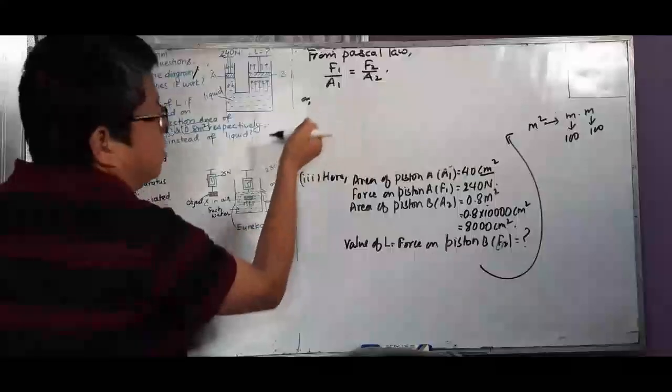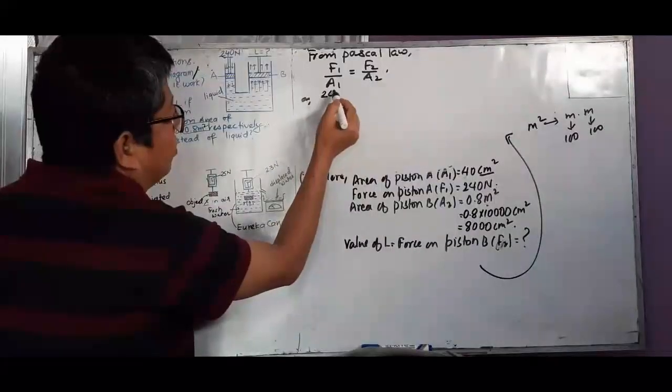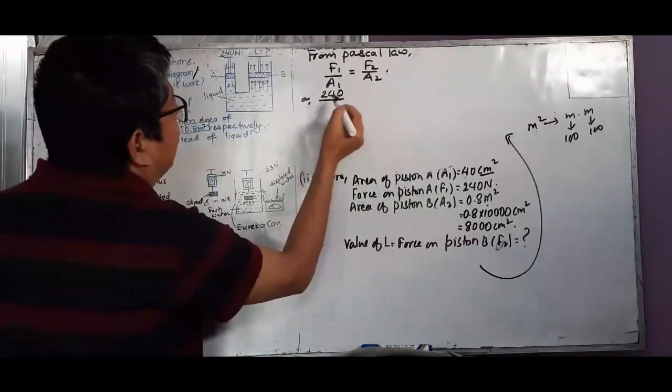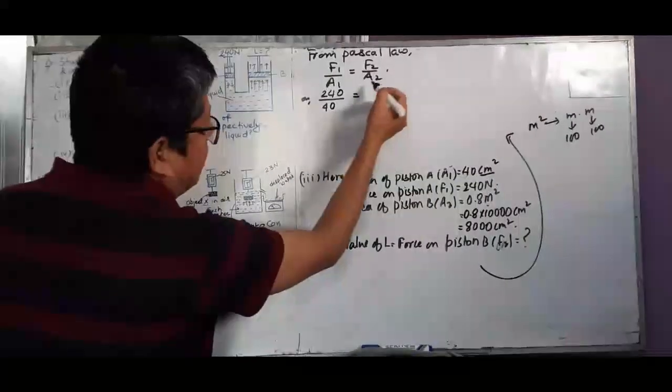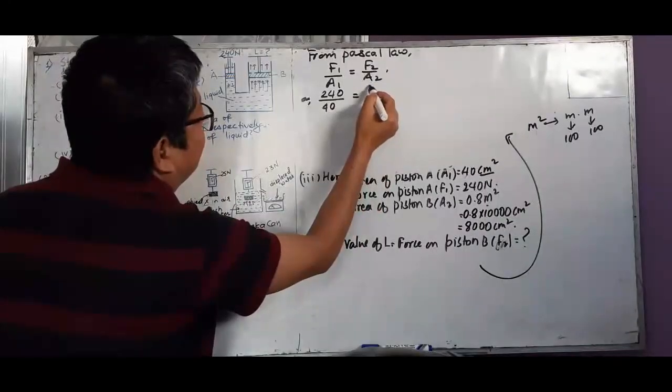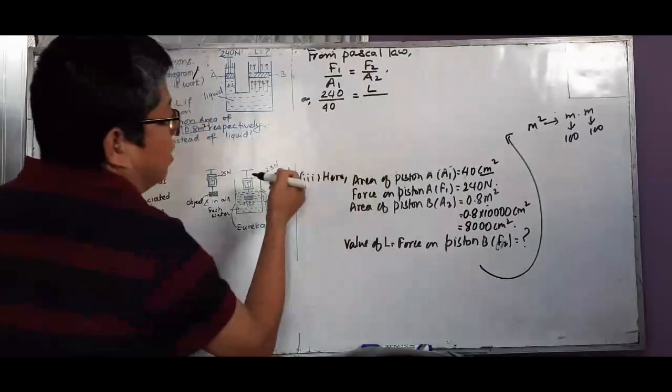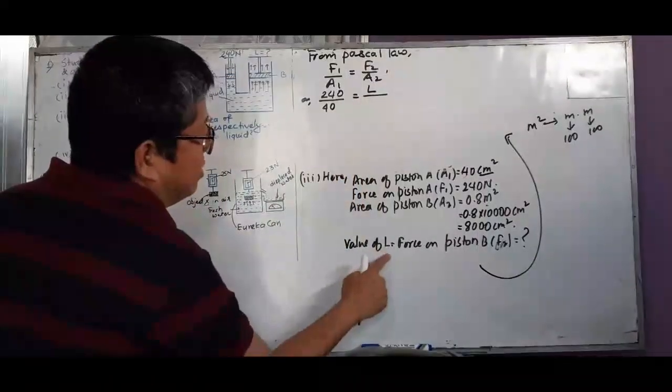The value of F1 is 240 and the value of A1 is 40, and F2 is what we have to find, that is L. You can write L.